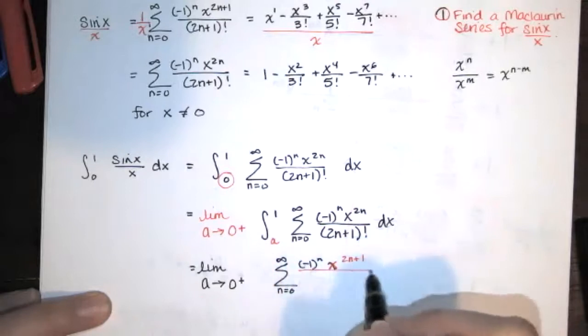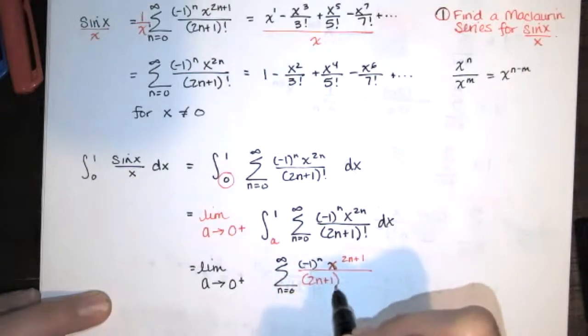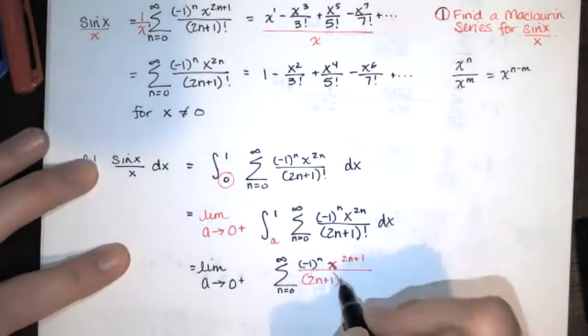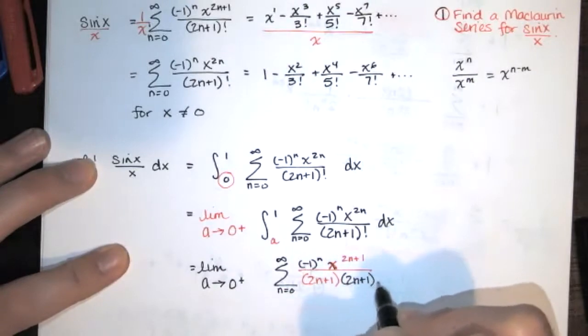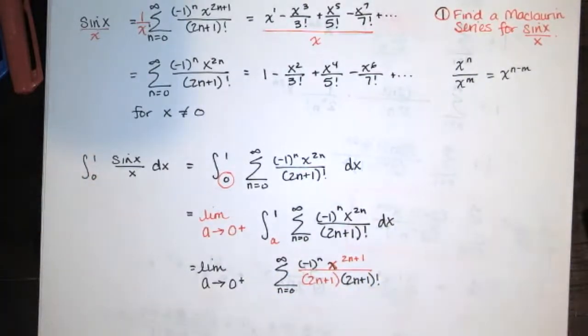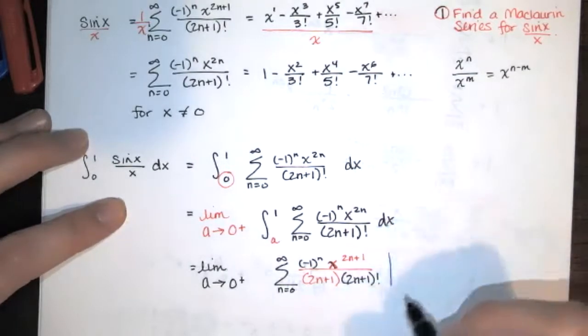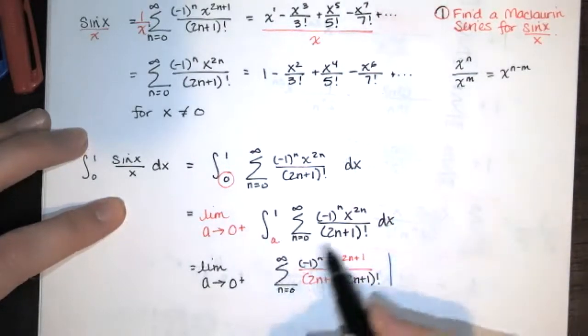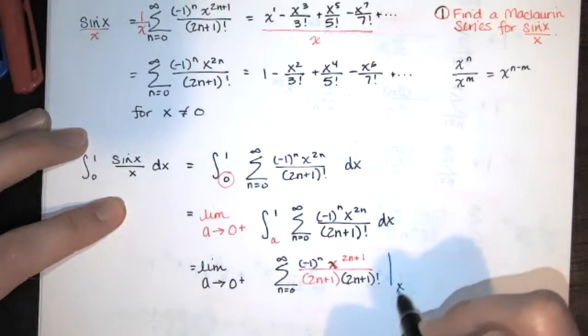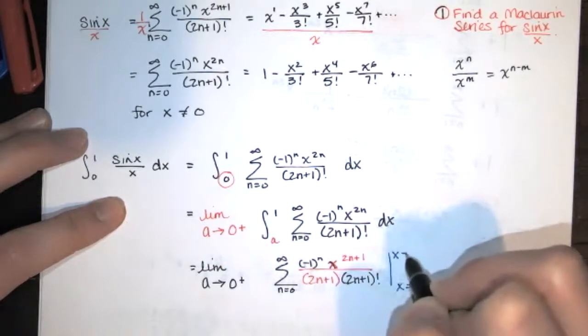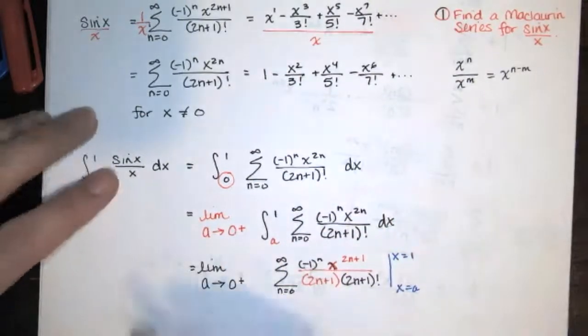And then we'll divide by the new exponent. And this 2n plus 1 factorial is still in the denominator. And then we'll evaluate this from x equals a to x equals 1, and then we'll subtract.